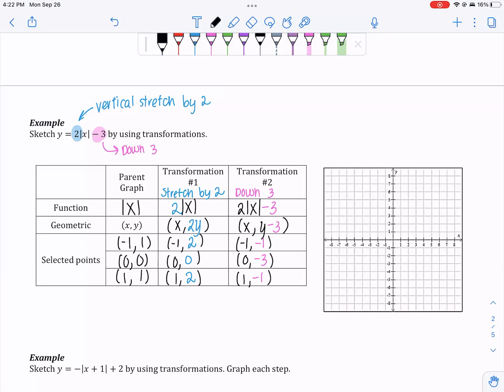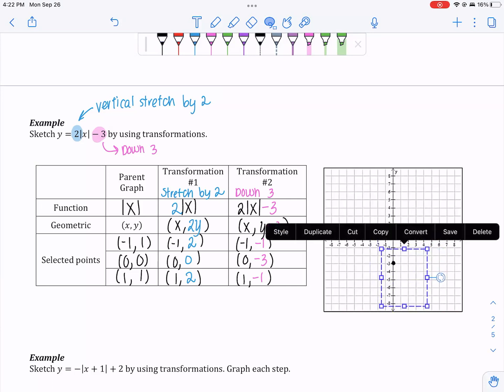All right. So this point (0, 0), that is originally the vertex of our function, moves to the point (0, -3).